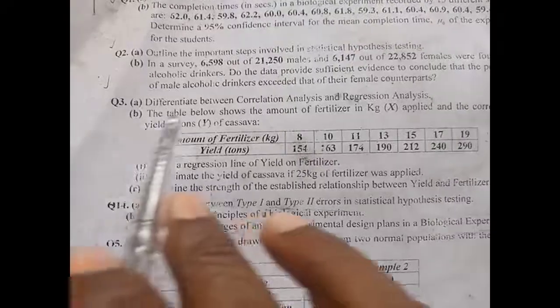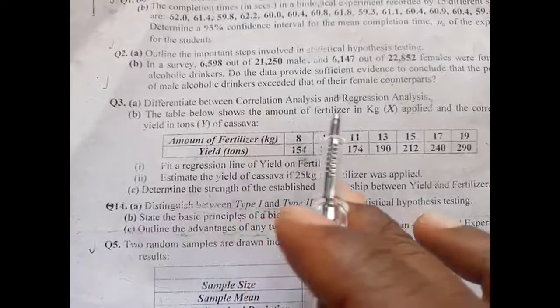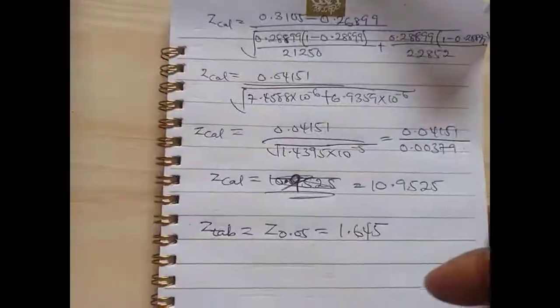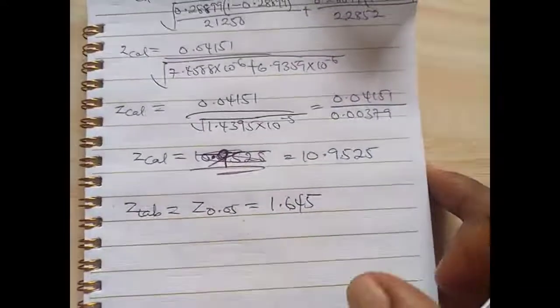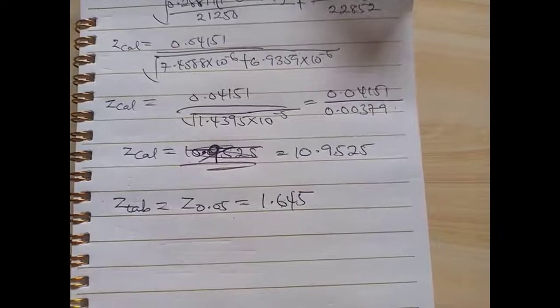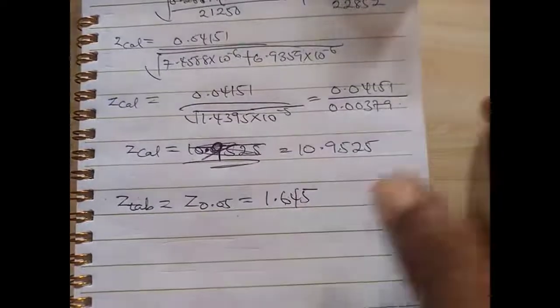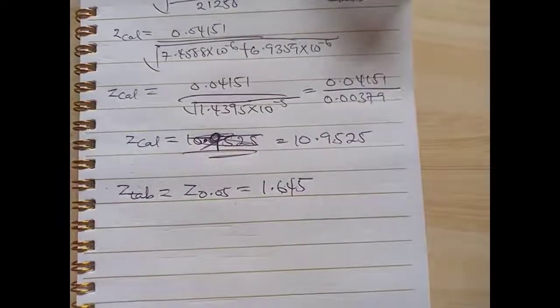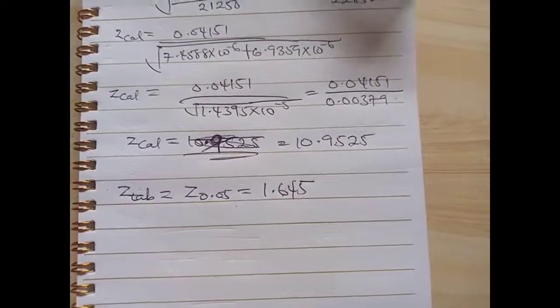The next question says differentiate between correlation analysis and regression analysis. For us to differentiate that, correlation analysis measures the strength of the relationship that exists between two variables, that is x and y, while regression analysis is focused on how one variable affects the other.